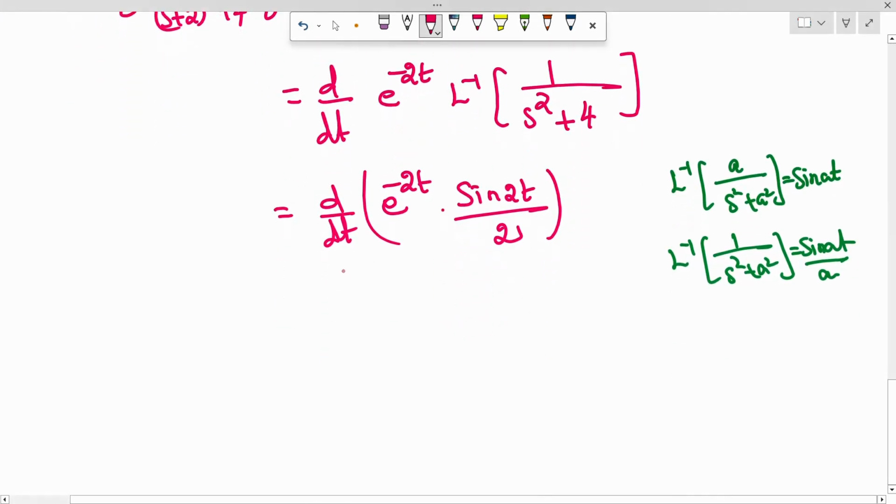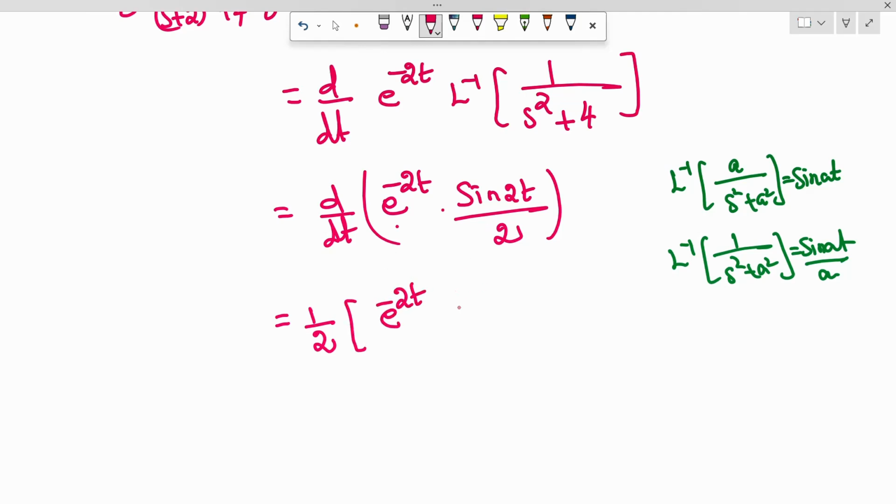Now differentiate with respect to t. Again use the UV rule here, because there are two terms in terms of t. Here take the constant 1 by 2 outside and then apply the UV rule. e power minus 2t into the derivative of sin 2t, which is cos 2t into 2, plus sin 2t into the derivative of e power minus 2t, which is e power minus 2t into minus 2.